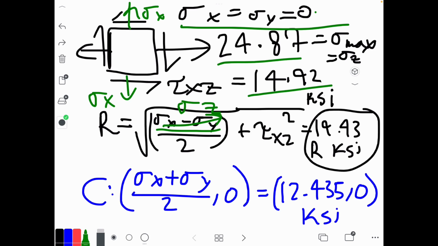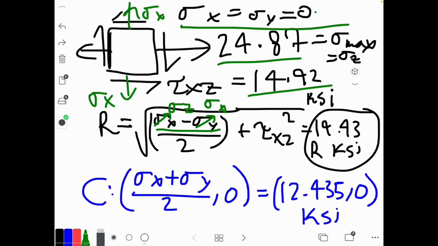We don't have any stress on x. Our sigma x is sigma z, and our sigma y is sigma x. We know sigma x is 0, no stress there.